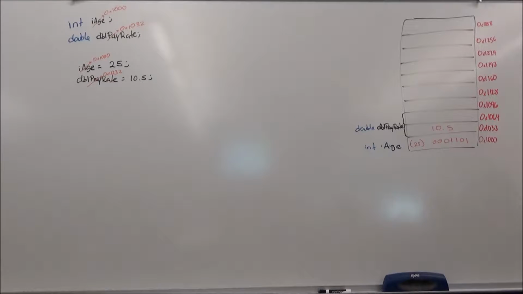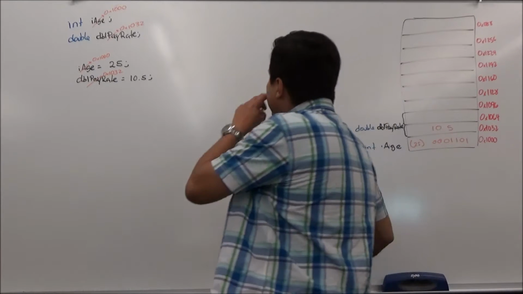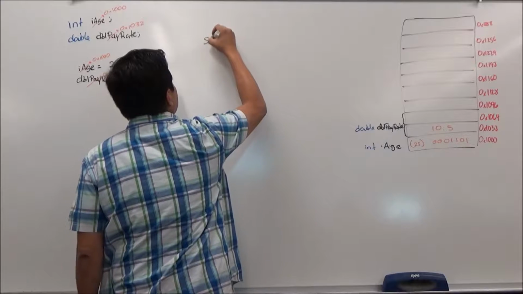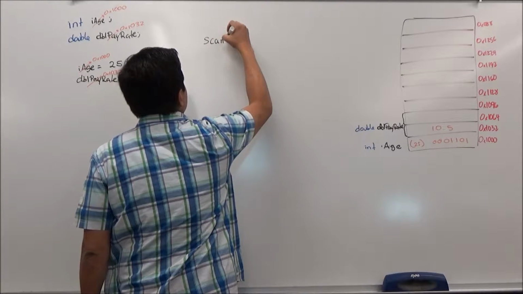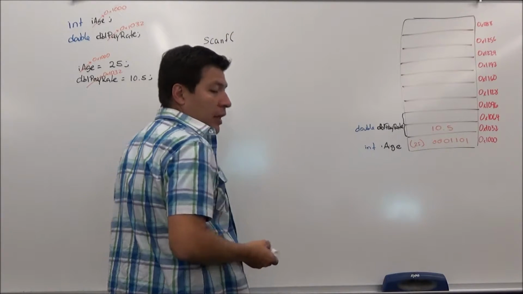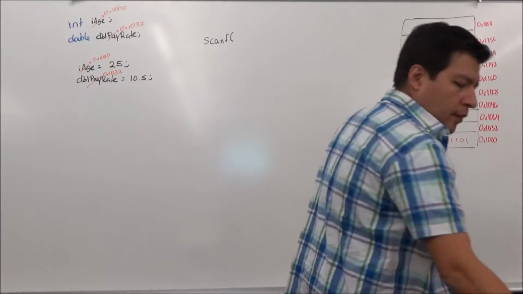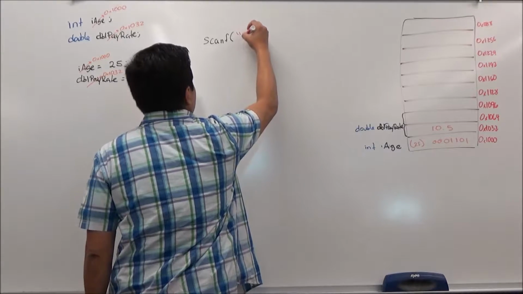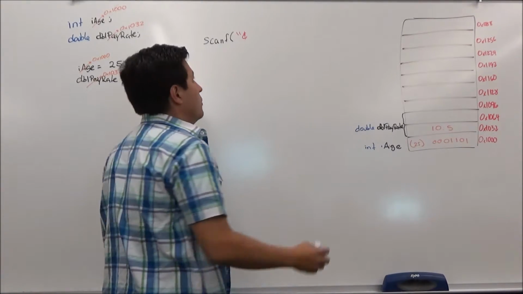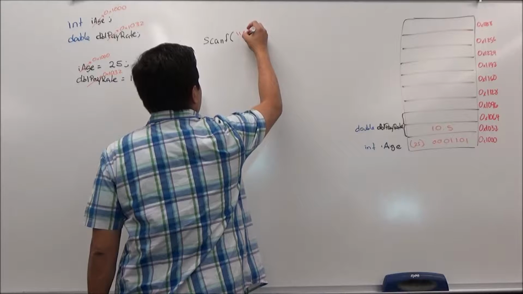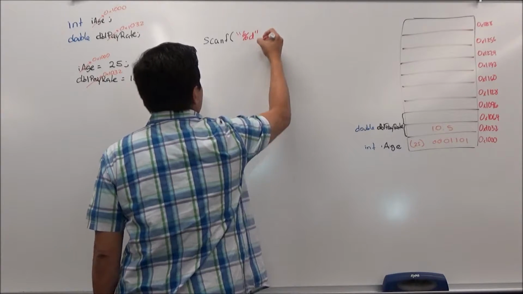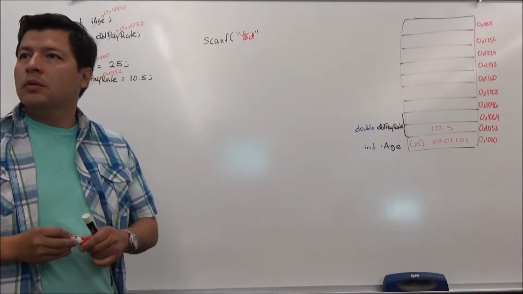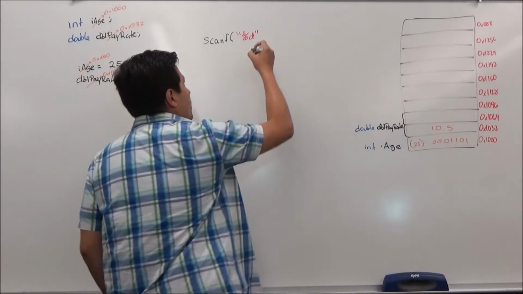So, you remember your scanf function? So your scanf function, it takes 2 parameters. First is a string. We know it's a string because it has double quotes. It's a percentage. And we have the format, what we're expecting, a digit.